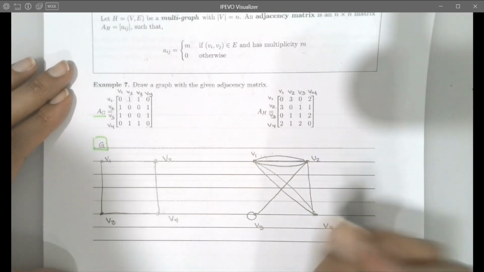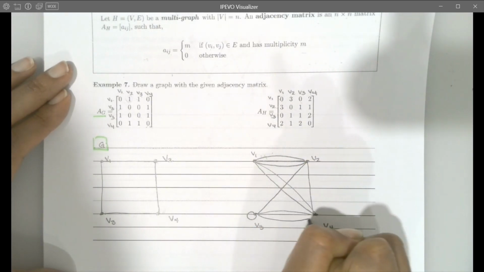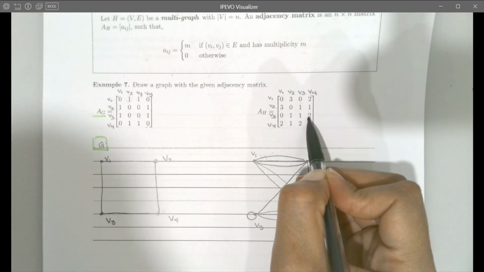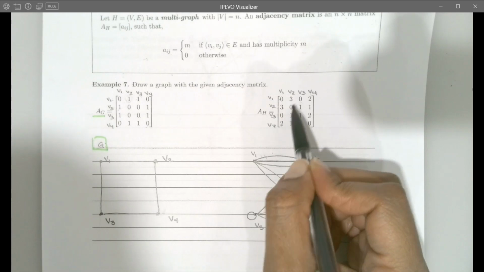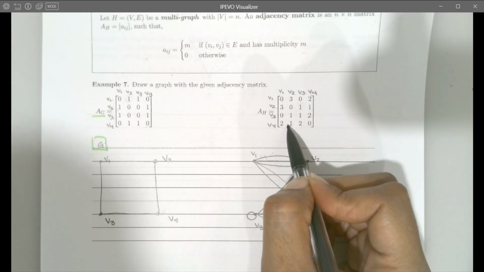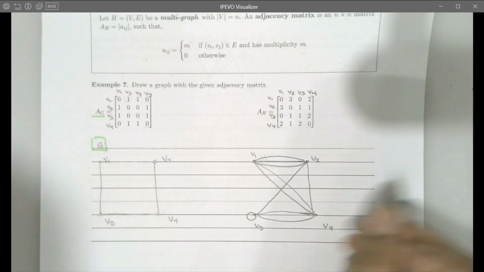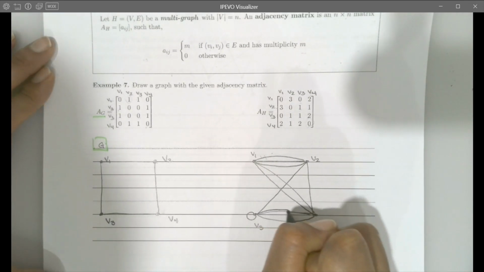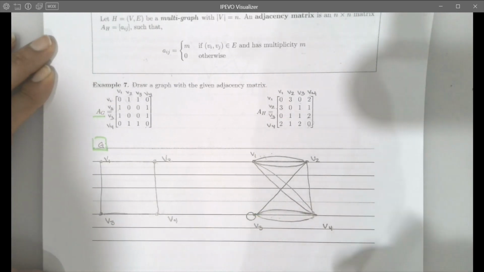V3 with V4 is a yes, and we have a double edge. It's doubly connected. Then we don't need to consider V4 with V1 or V4 with V2. We just need to consider V4 with itself to be on the lookout for any loops. But we don't have any loops, which means that we just have this final graph.